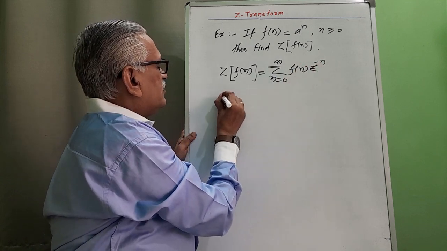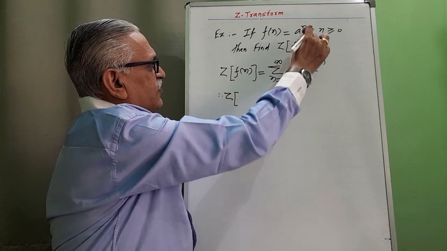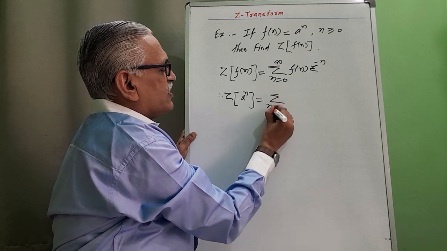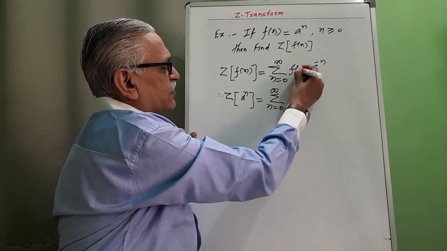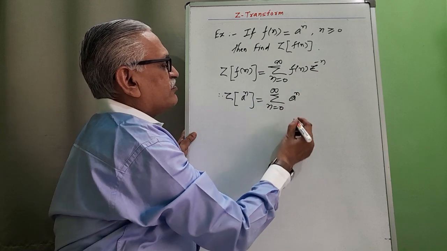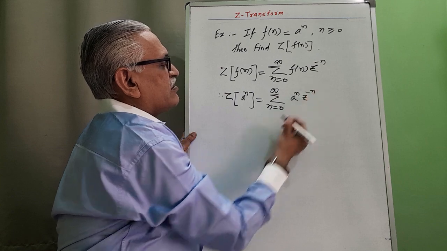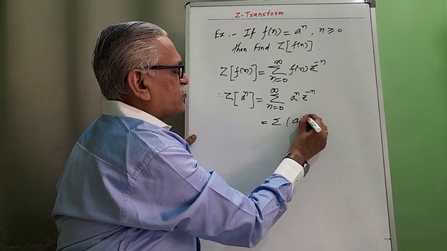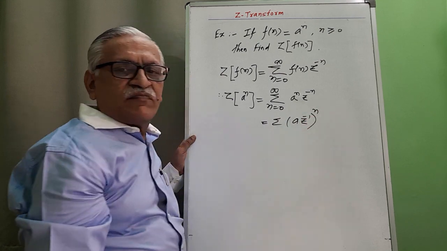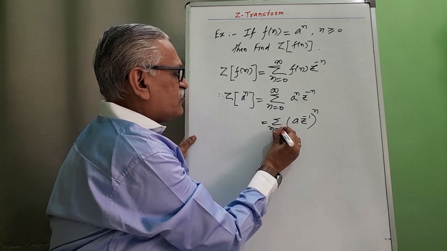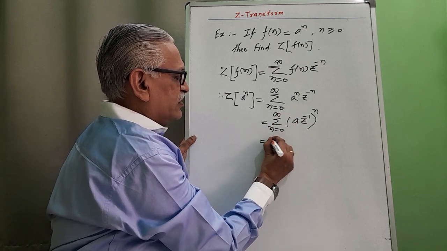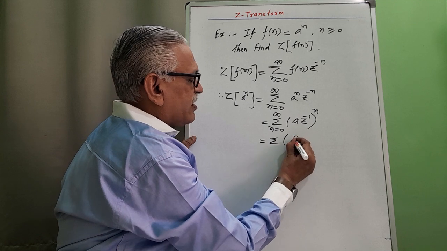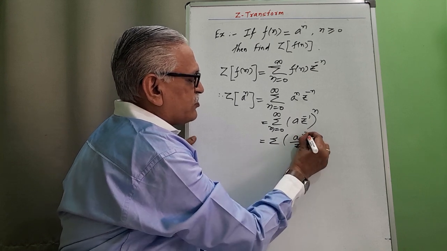Then the Z transform of that function, a raised to n, is summation from n equal to 0 to infinity, where f of n is a raised to n, times z raised to minus n. Therefore, it is summation of (a z raised to minus 1) raised to n, with n changing from 0 to infinity. Transferring z raised to minus 1 to the denominator, it becomes (a by z) whole raised to n.